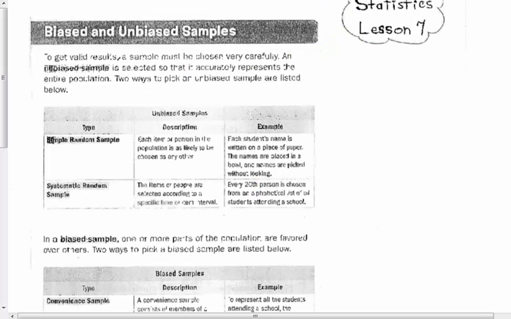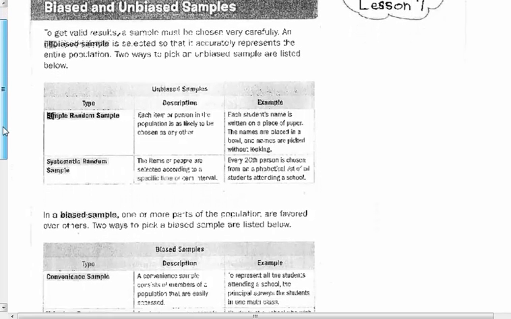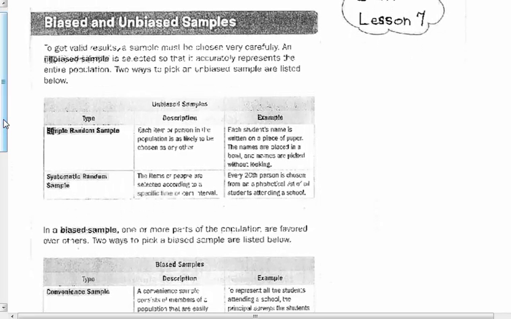So now your notes start, and I know the copy on here isn't very good, but you have it in front of you. Biased and unbiased samples. So to get valid results, a sample must be chosen very carefully. An unbiased sample is selected so that it accurately represents the entire population. Here's 2 ways that you could pick an unbiased sample.